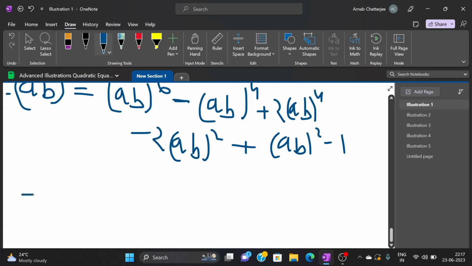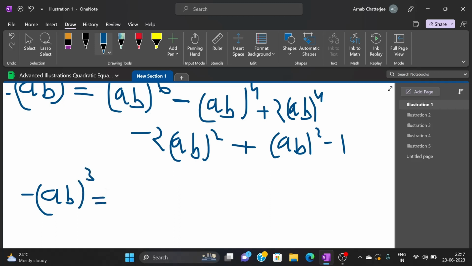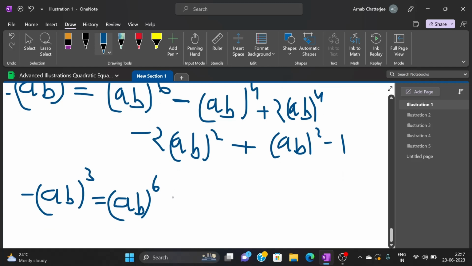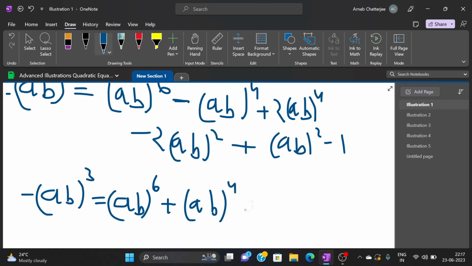So we will have minus of (AB) whole cube, is equal to AB to the power 6 plus AB to the power of 4 minus AB square minus 1.